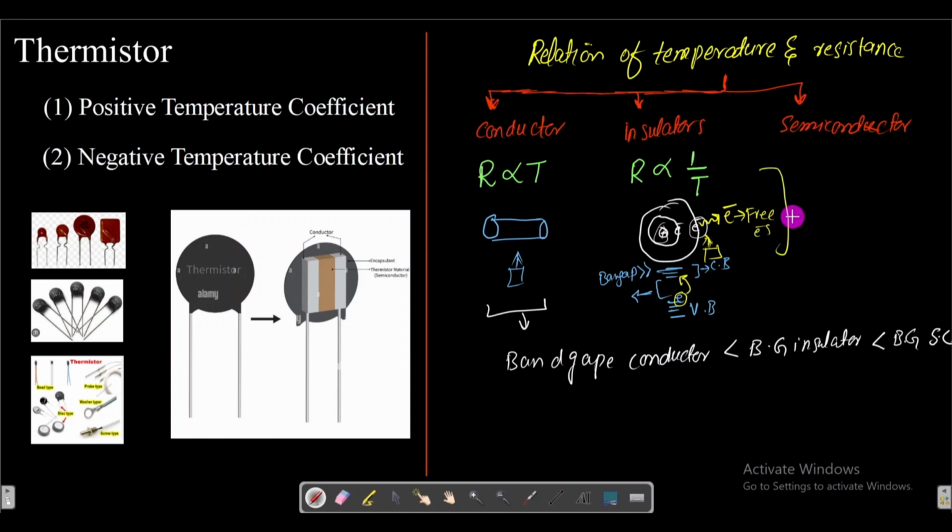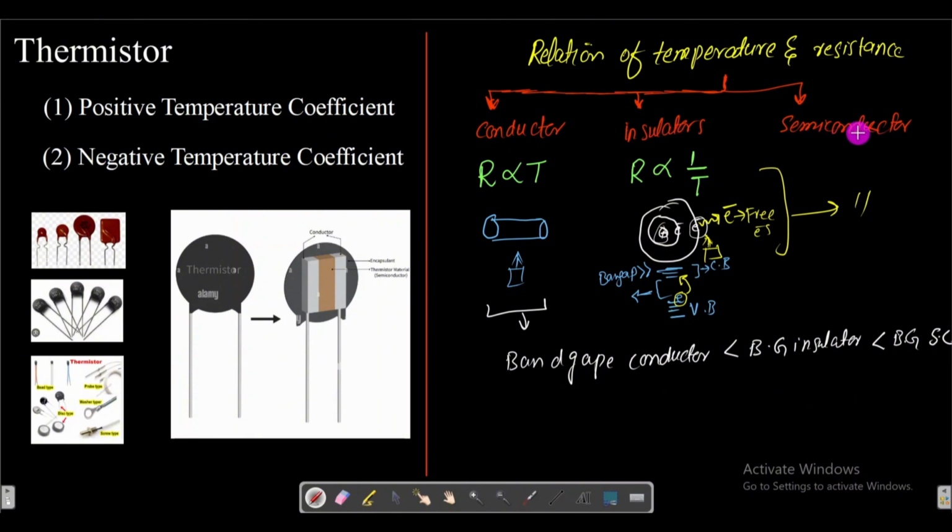This same explanation holds for the semiconductor, because the band gap of the semiconductor is present between the conductor and insulator.